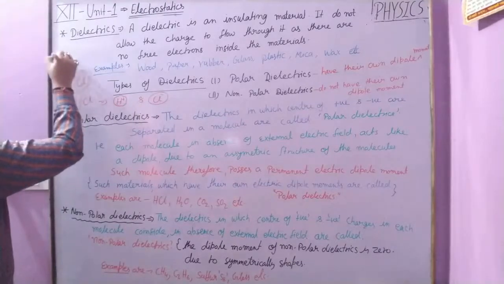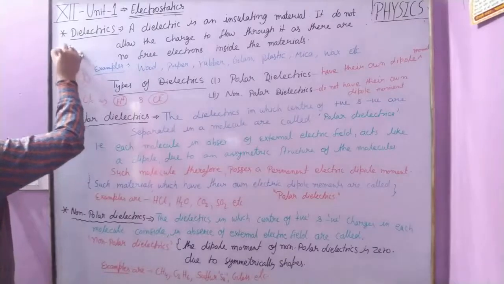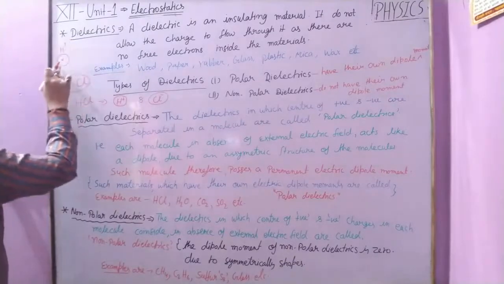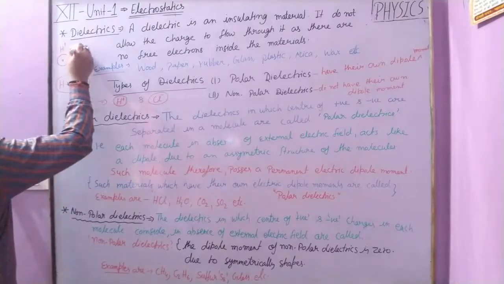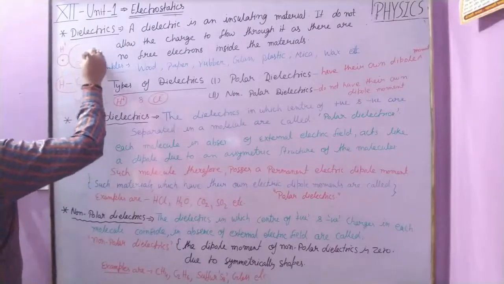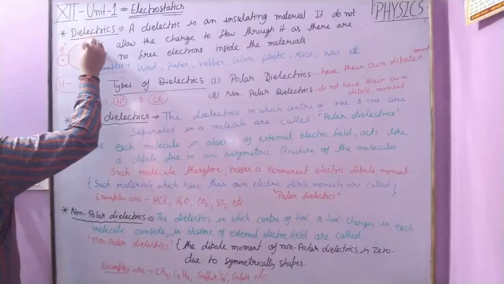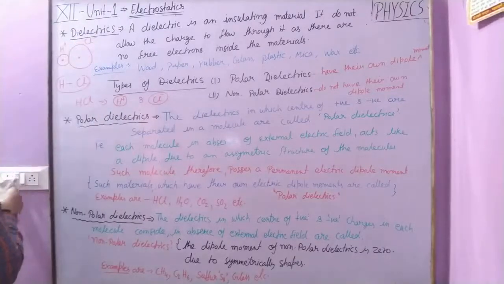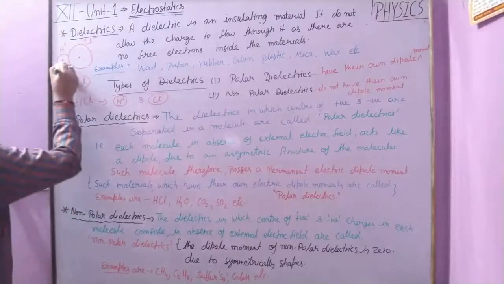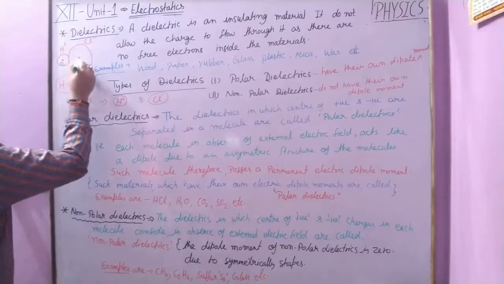Now let us understand it clearly. Suppose we have the H plus ion with its center O1 and another is the Cl minus ion with center O2. This is O1 and this is O2.